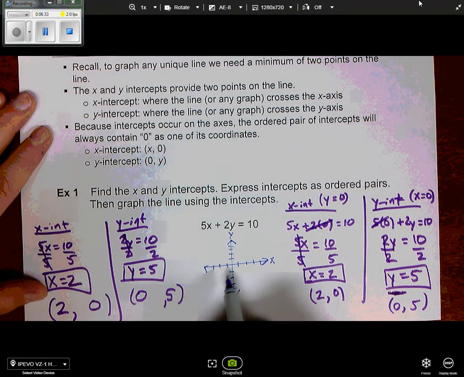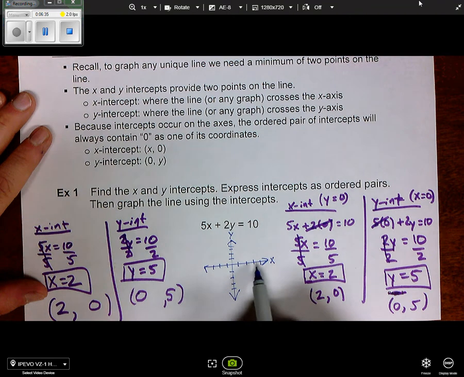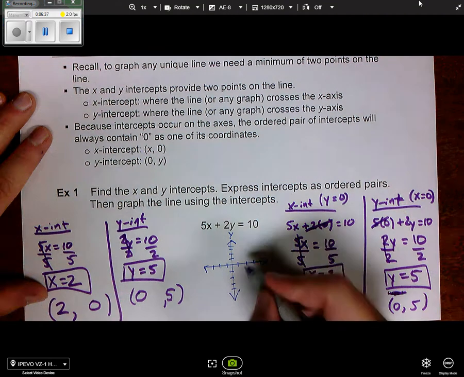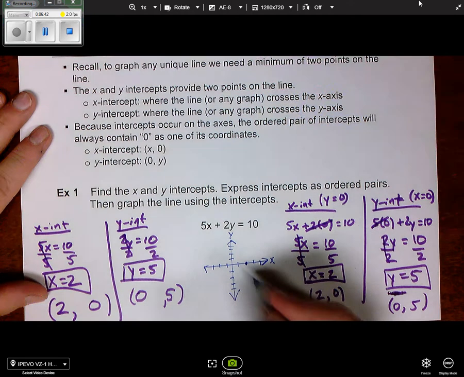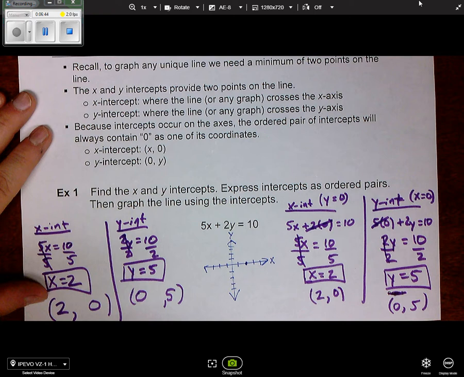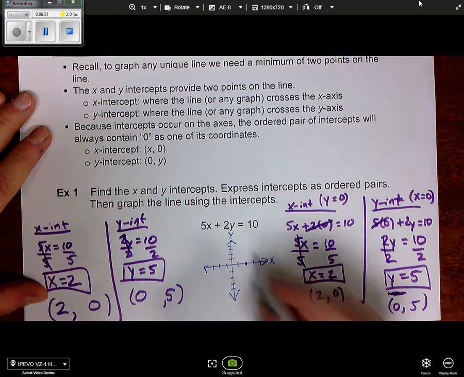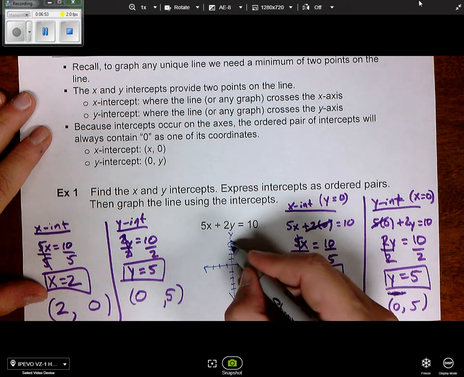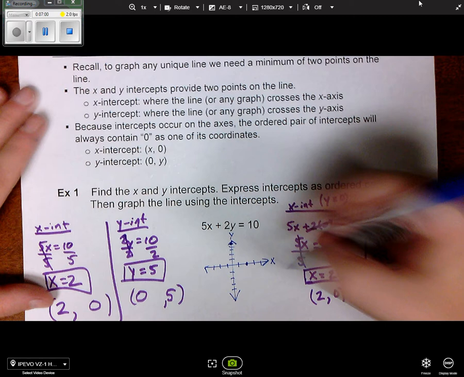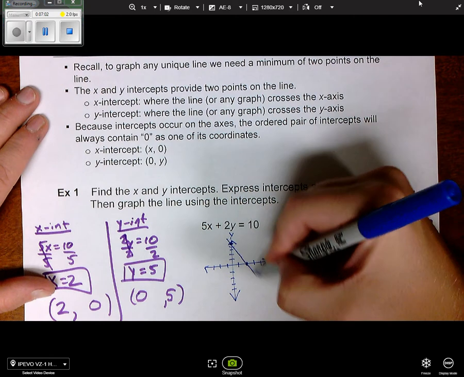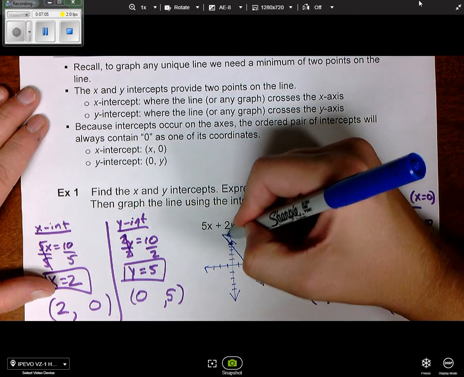I'm going to plot the x-intercept on the x-axis at where? At 2. Place a dot on 2, but 1 point's not enough, right? Think of all the lines that could go through that 1 point. There's several. That's why we need another point to determine this unique line, its graph. My y-intercept is 5. That means on the y-axis, I'm going to have a dot on 5. So that's going to be up here. I have 2 points. Those 2 points are going to determine the graph of my line.